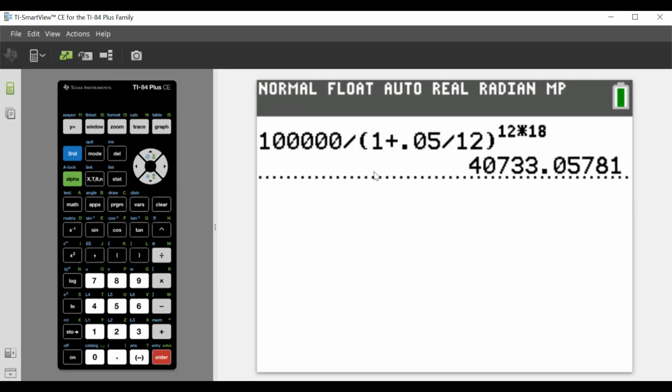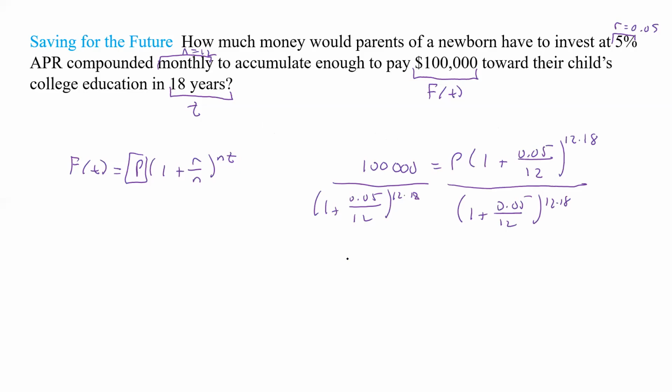So we go back over here, and this tells us p, how much we have to invest initially, is going to be $40,733.06. Okay. And again, we could plug in and do 1 plus 0.05 divided by 12, hit enter, raise that to the 12 times 18, and then take whatever that value is and divide it into 100,000.